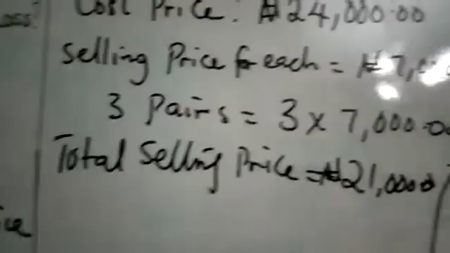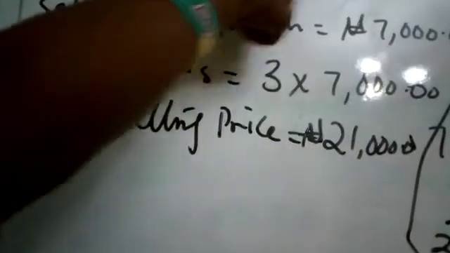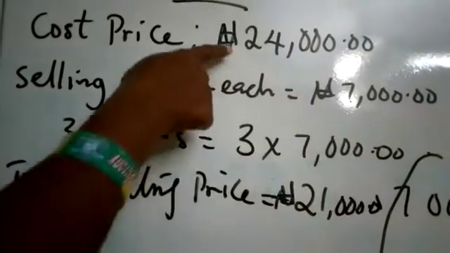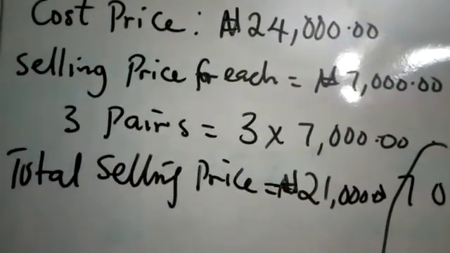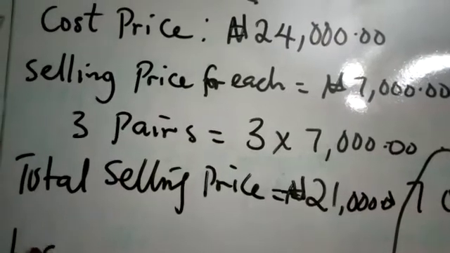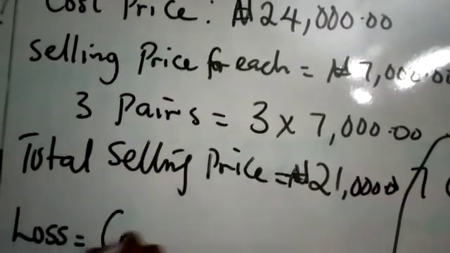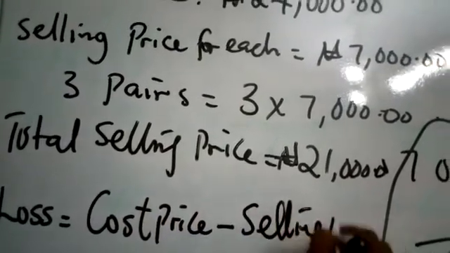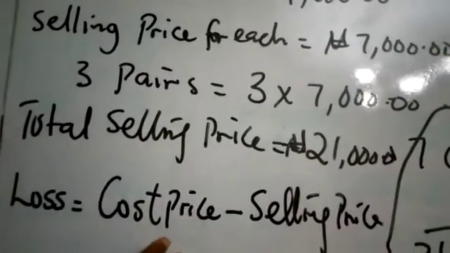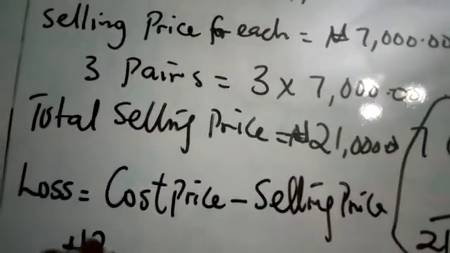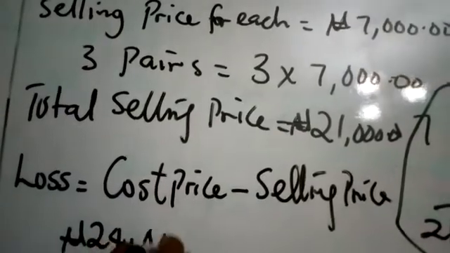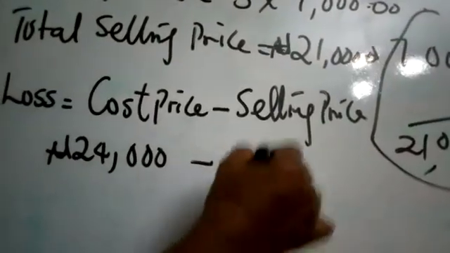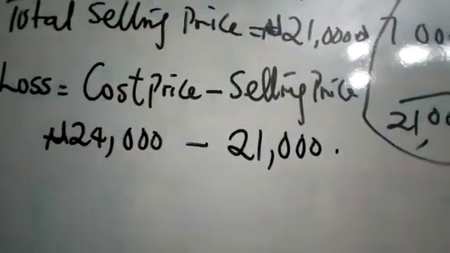Now the cost price is 24,000 naira, and the selling price is 21,000 naira. From the look of it, we know that this man has made a loss. To calculate the loss, it is going to be the cost price minus the selling price. The cost price is 24,000 minus the total selling price, which is 21,000.